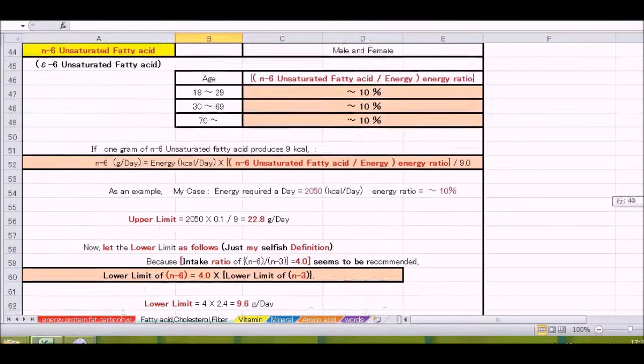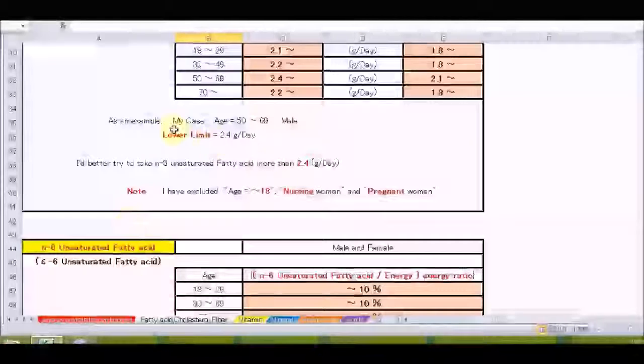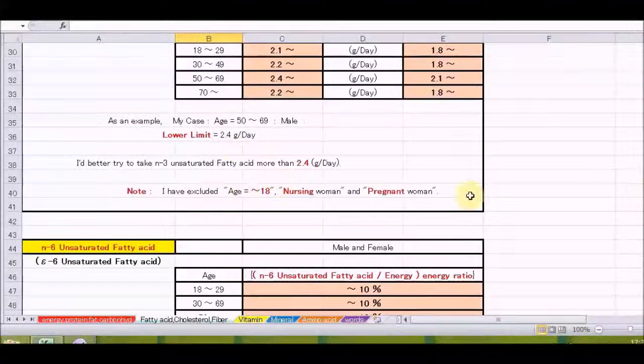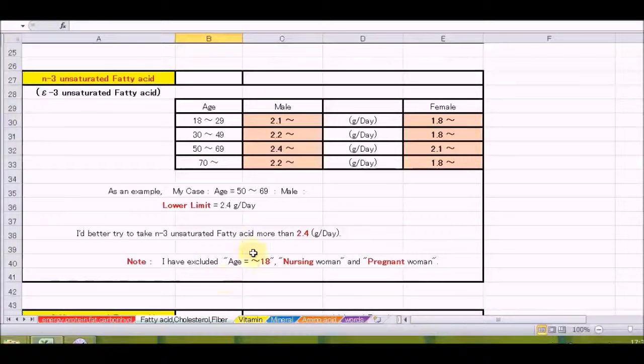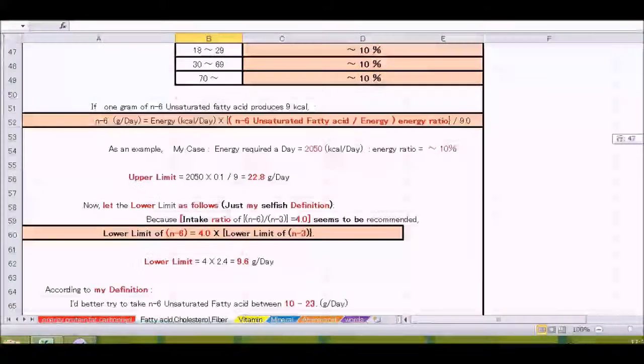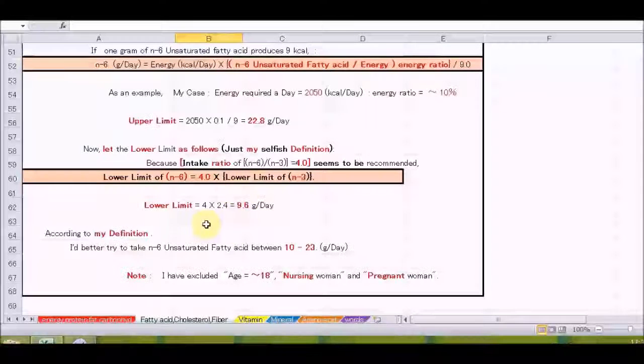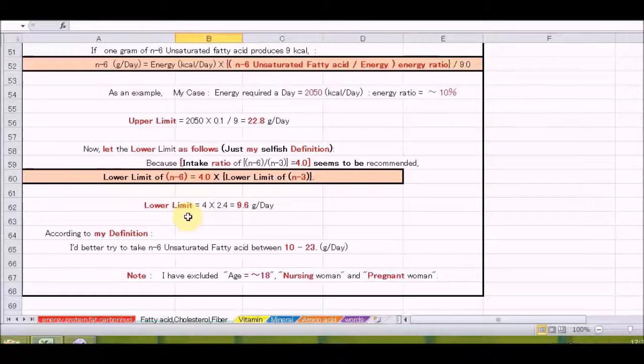The lower limit of N3 is 2.4. And so the lower limit of N6 is 4 times 2.4, which is 9.6 gram per day.